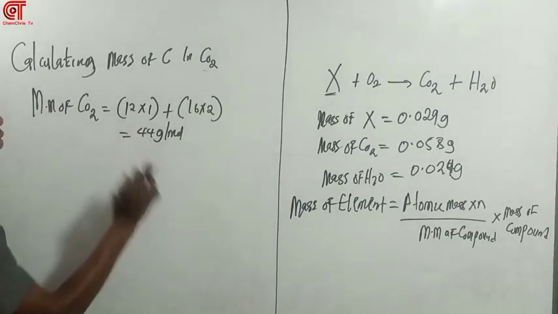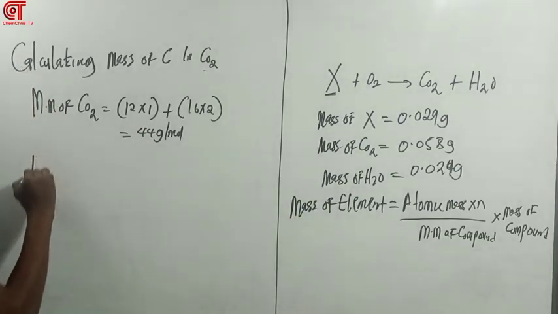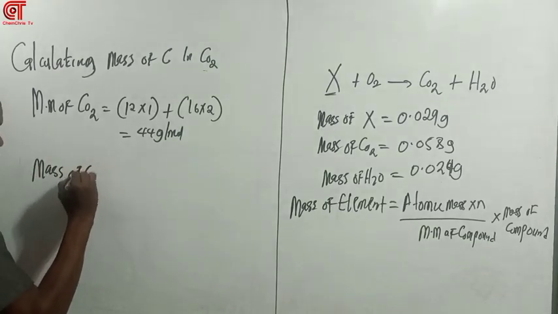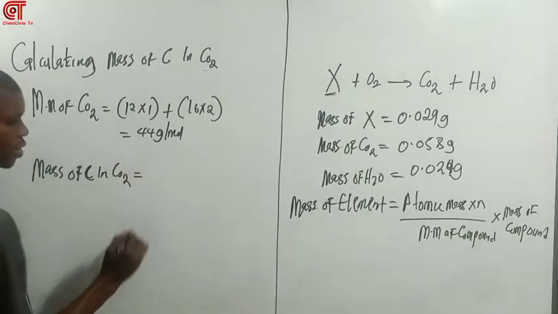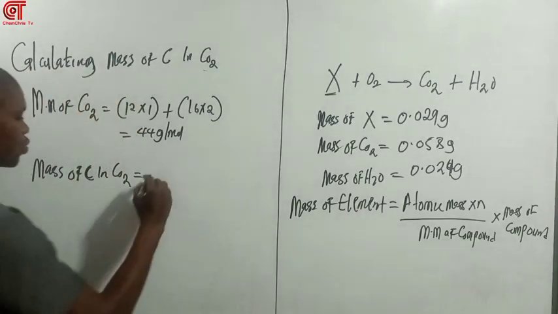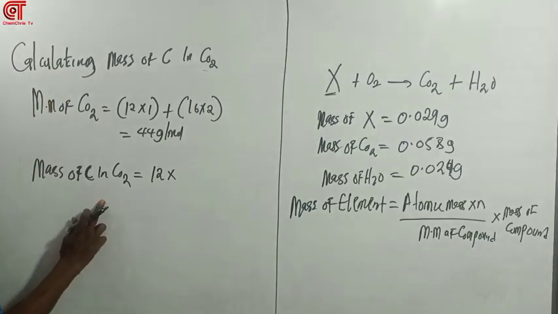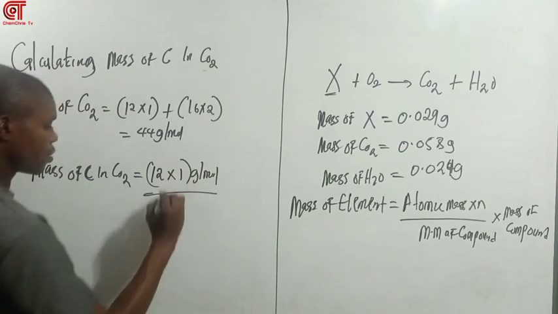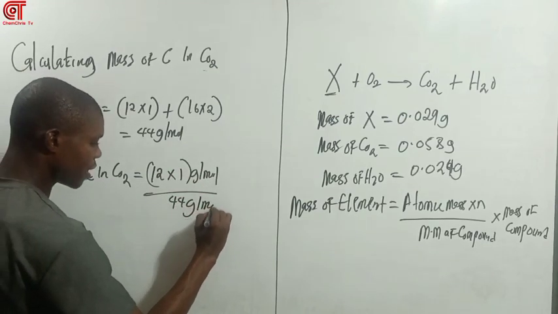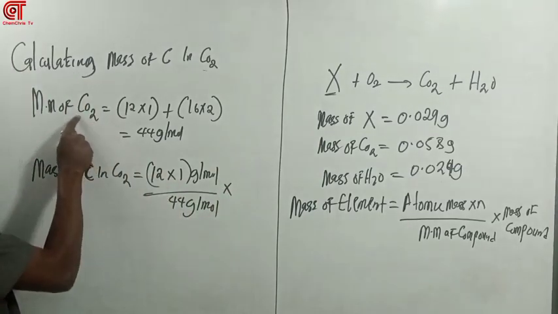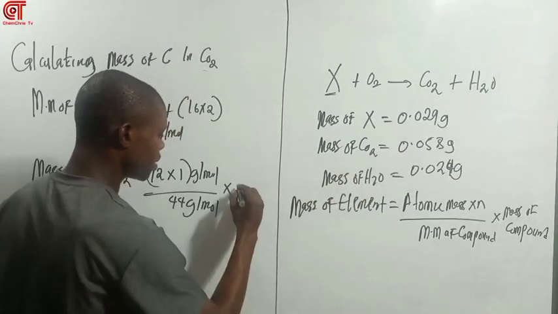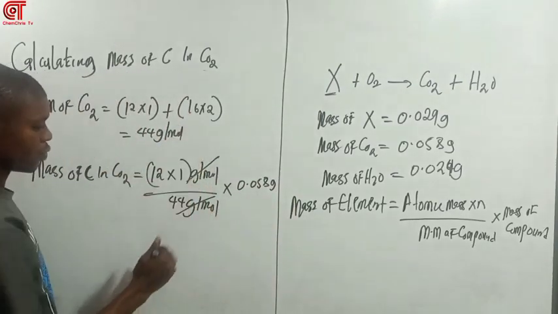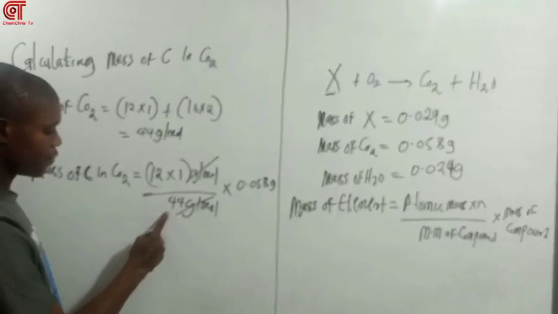So if I apply the formula now, the mass of carbon in CO2 equals the atomic mass of carbon, 12, times the number of atoms of carbon, 1, gram per mole, over 44 gram per mole, times the mass of CO2, which here is 0.058 gram. Gram per mole cancels gram per mole. 12 times 1 gives 12, divided by 44, times this.